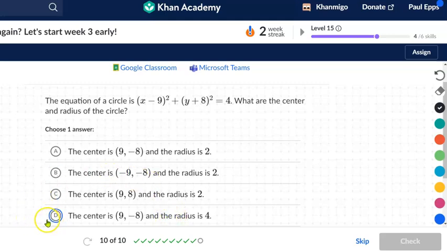All right, so we can eliminate that one because the radius is not 4. The radius is 2. The center has got to be at 9 and -8. So that is answer A.